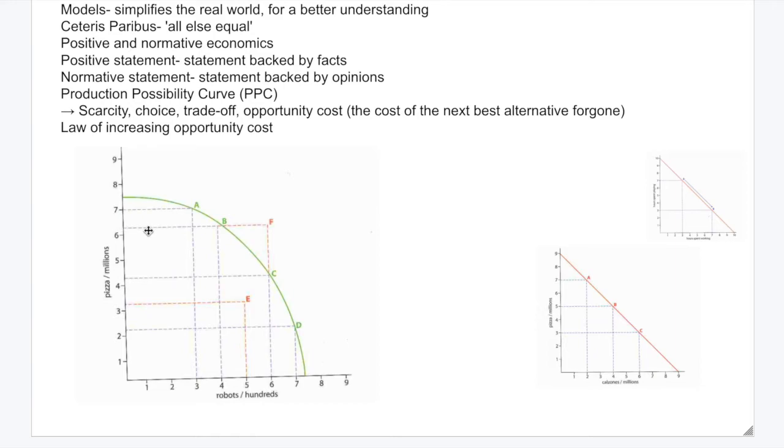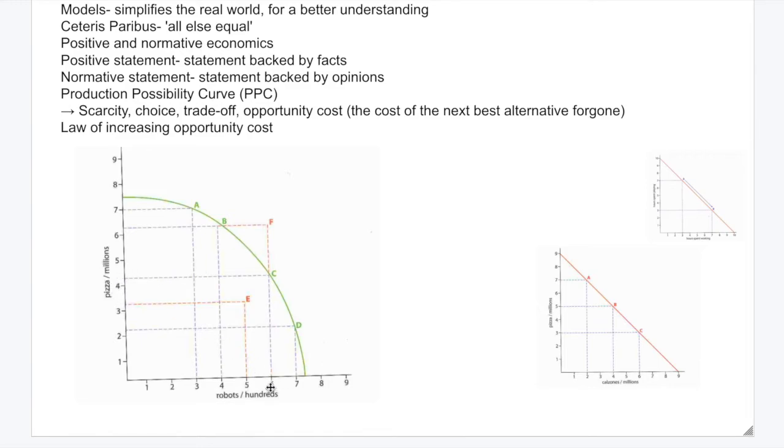But what we see here is a law of increasing opportunity cost. Remember this: the opportunity cost of increasing 100 robots from 300 to 400 was around 0.7 million pizzas. Now let's look at this part of the graph. Let's say you're creating 600 robots. That gets you around 4.2 million pizzas.